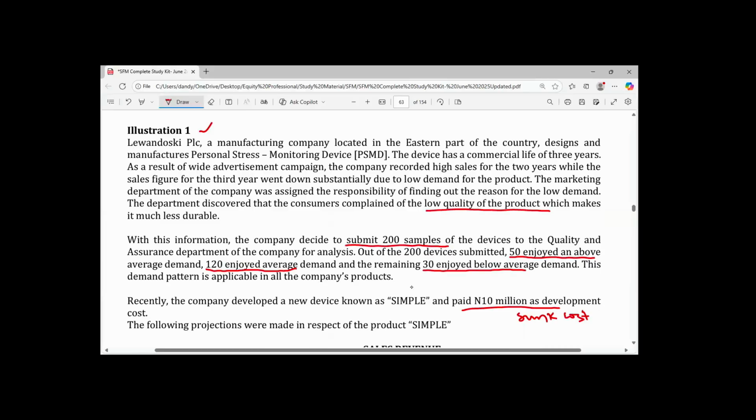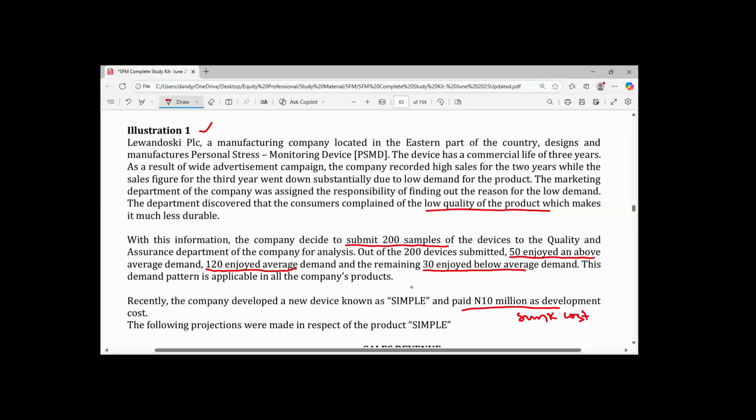Out of the 200 devices submitted, 50 enjoyed above average demand, 120 enjoyed average demand, then the remaining 30 enjoyed below average demand. So that means for me to be able to get my probability under the above average, I will divide 50 for above average.